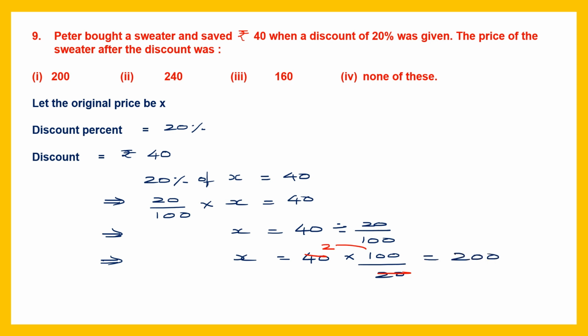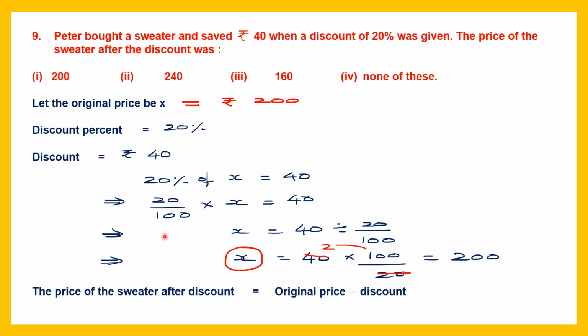So what have we found now? We have found the original price. The original price is 200. So let's write it here also. Now what is the question? The question is, what is the price of the sweater after the discount? Now we know the original price and we know the discount. We just have to subtract the two and we will get the price of the sweater.